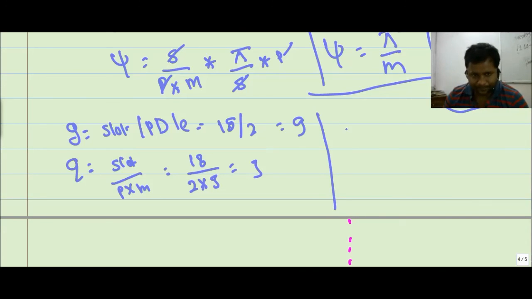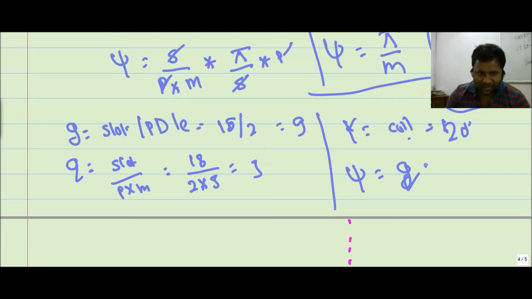Then the concept of gamma, the slot angle, which is 20 degrees. Then xi, which is Q multiplied by gamma, which is 60 degrees. So G, Q, gamma and xi: these are the 4 relations that we understood in this lecture.